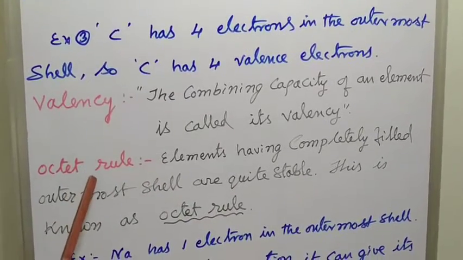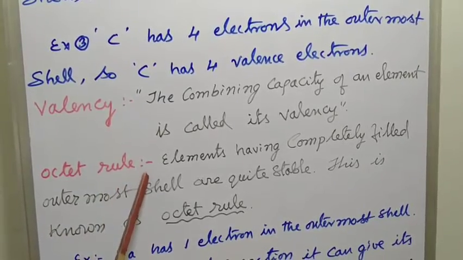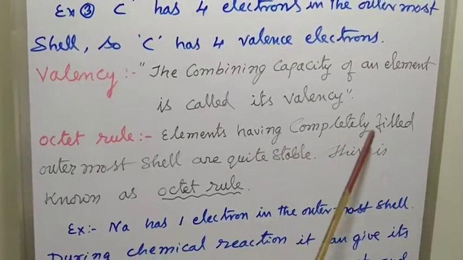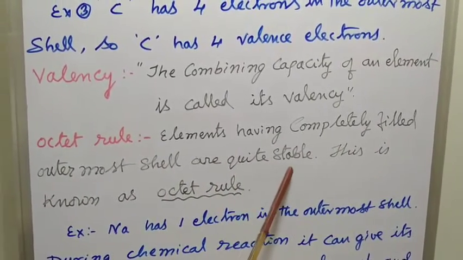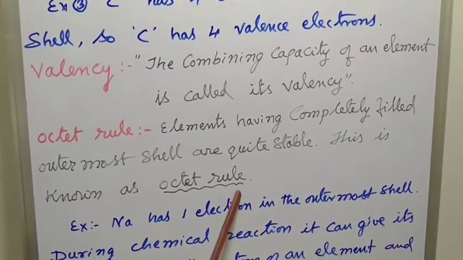First of all, Bohr's rule, that is the octet rule. What is the octet rule? Elements having a completely filled outermost shell are quite stable. This is known as the octet rule.